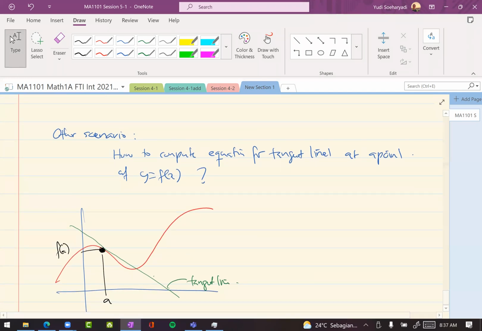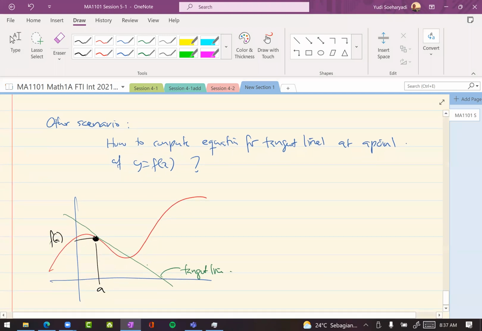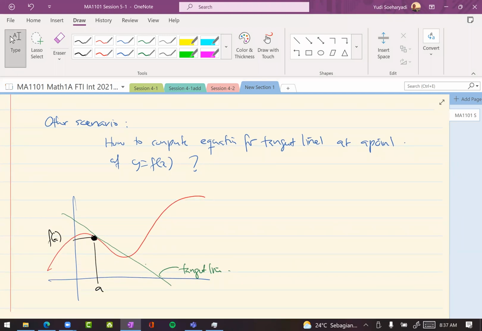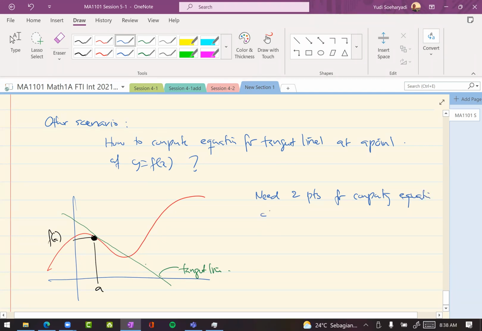From chapter 0 and from high school, you know that to draw a line or to find the equation for a line, you need 2 points. Or computing the equation of a line.